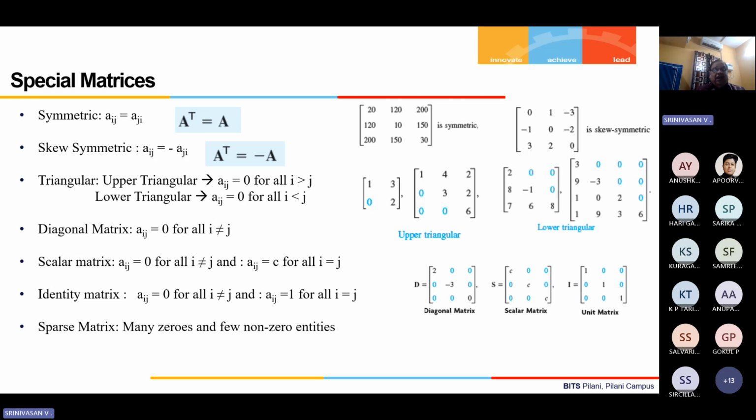Then triangular matrices, that is very, very important, because this is going to be useful in reducing the given matrix into its echelon form, either upper triangular or lower triangular. There are two types of triangular matrices, upper triangular and lower triangular.